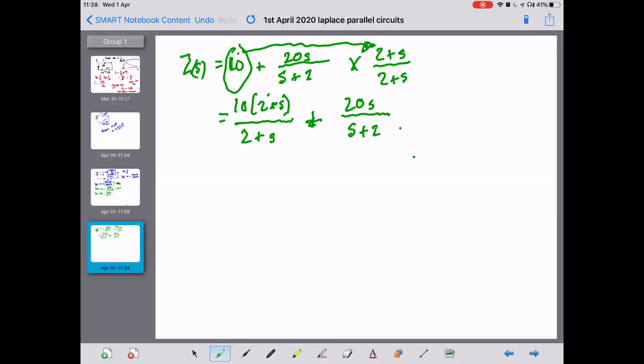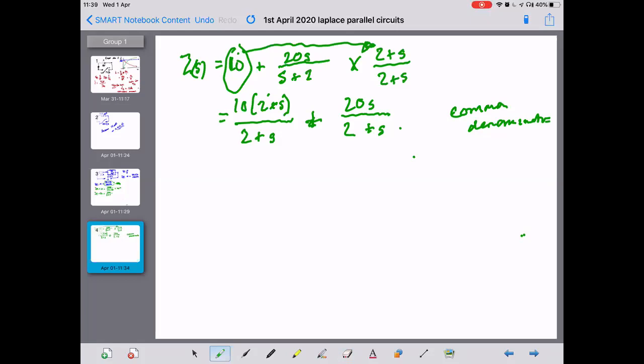We have a common denominator. Cool. That's what we got. 2 plus S, 2 plus S. Agreed? Right.